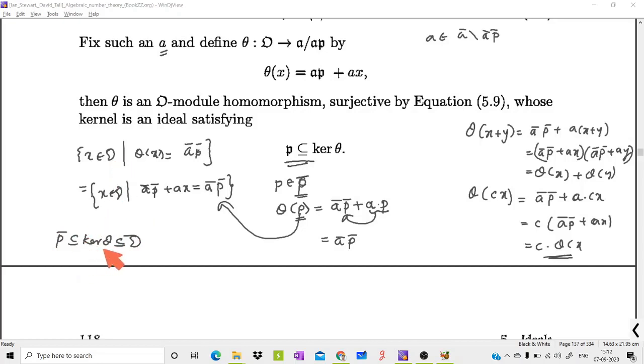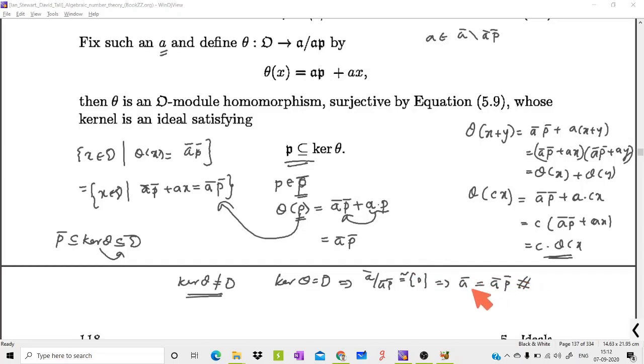But this never happens: kernel theta equal to O. This is not possible. Whenever we have kernel theta equal to O, we have A by AP isomorphic to a singleton set. This implies A is equal to AP.